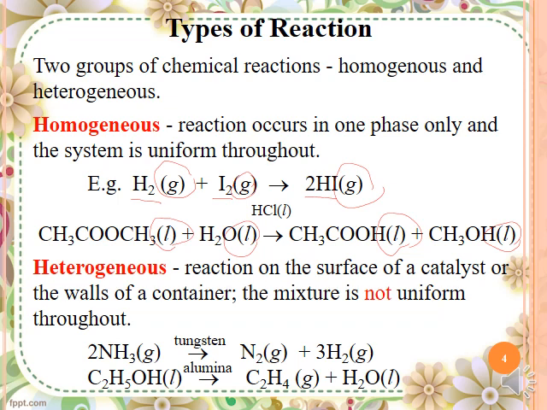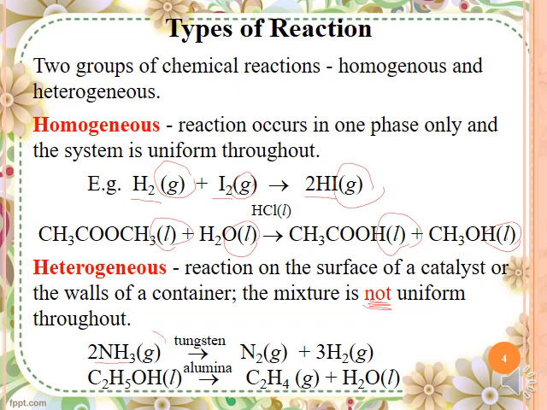Next is heterogeneous. Heterogeneous is a reaction that occurs on the surface of a catalyst or the wall of a container, and the mixture is not uniform. Not uniform means you have other states of matter besides that one phase. For example, this reaction here. The first reaction is ammonia on the surface of tungsten to form nitrogen and hydrogen gas.